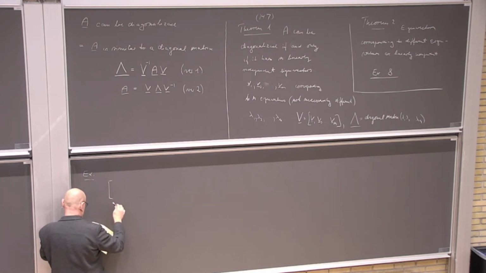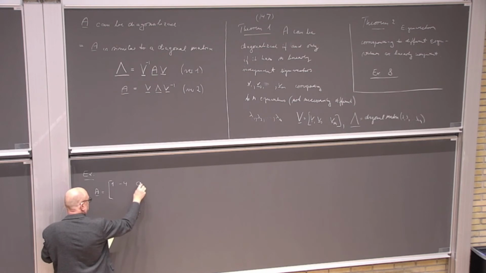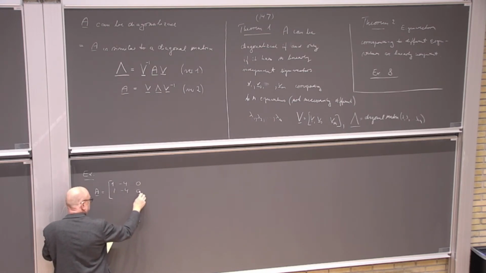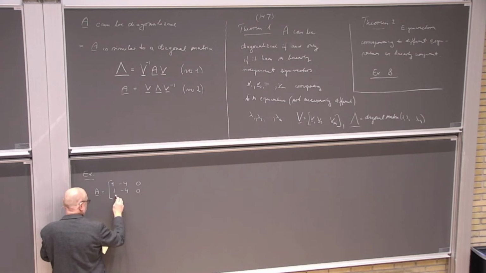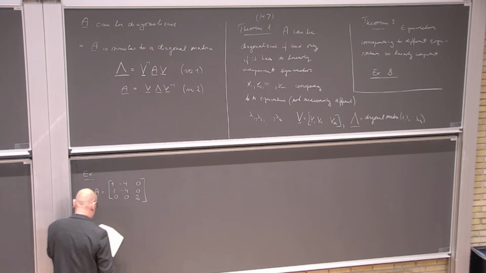And I'm looking at this matrix here. So my A is 1, minus 4, 0, 1, minus 4, 0, and 0, 0, 2.